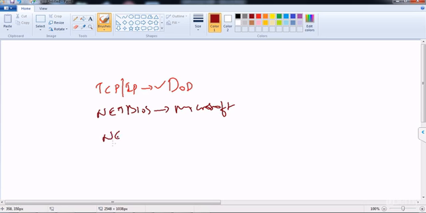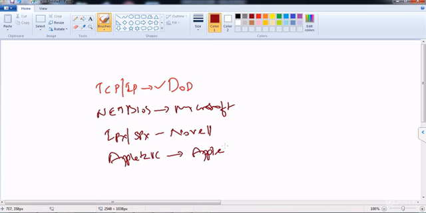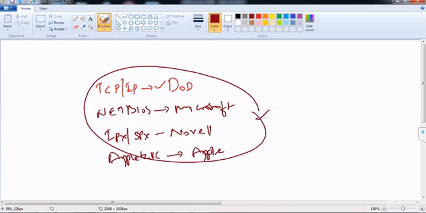Then we have IPX/SPX protocols, developed by Novell for Novell network operating systems. And then we have the AppleTalk protocols, which were developed for Apple machines.